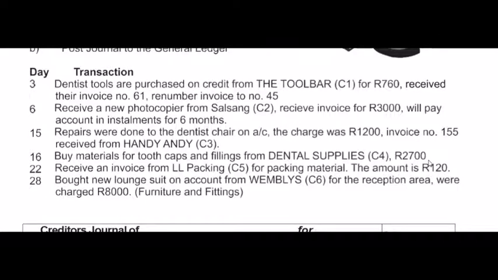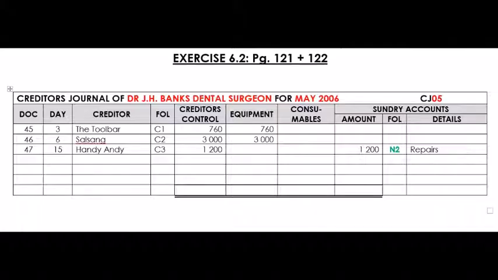In a test or in an activity that I set, I will always tell you that it's on account or on credit, or I will say that an invoice was received, so that you are not confused whether we bought it with cash or on credit. In this case, it goes to the CJ, renumber the invoice on the 16th, Dental Supplies, creditor number 4, the value goes to creditors control and consumables.